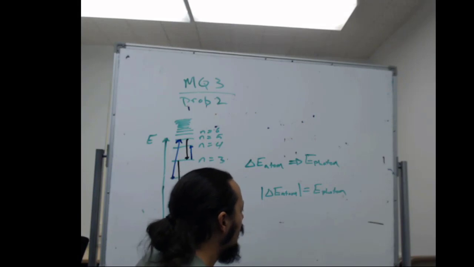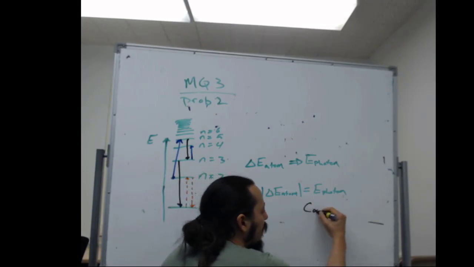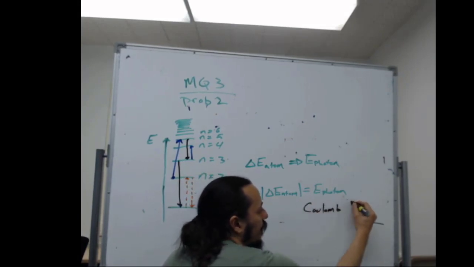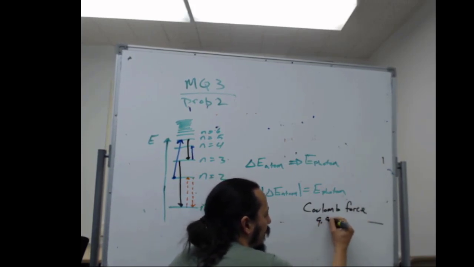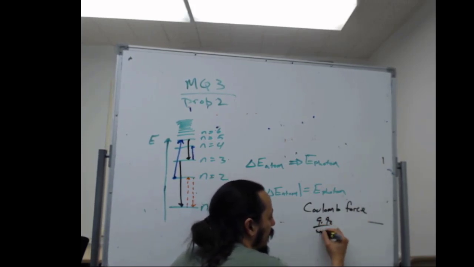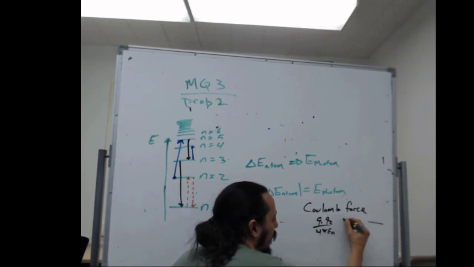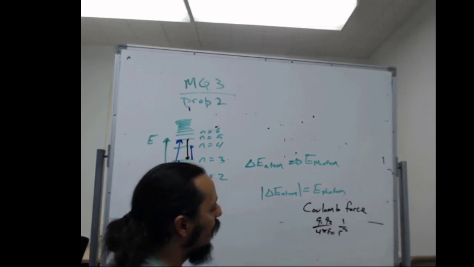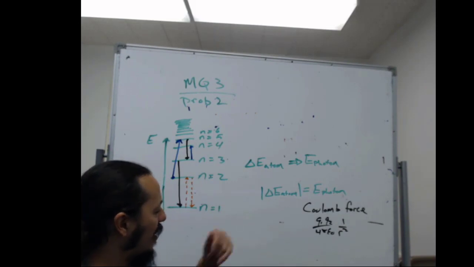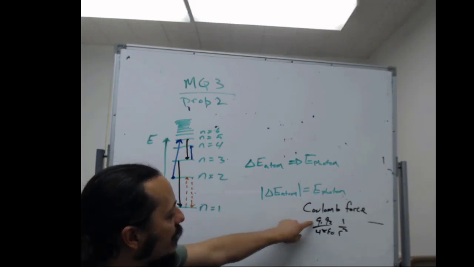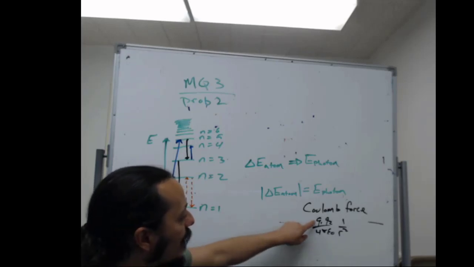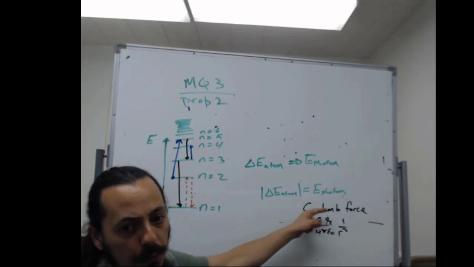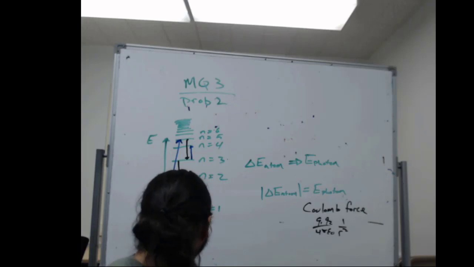Just to make sure we're all on the same page with that, if we're looking at the Coulomb force, and I think I actually wrote the Coulomb energy, you got Q1 times Q2 over 4 pi epsilon naught times 1 over r squared. So that's charge 1 times charge 2. More charge means more energy.